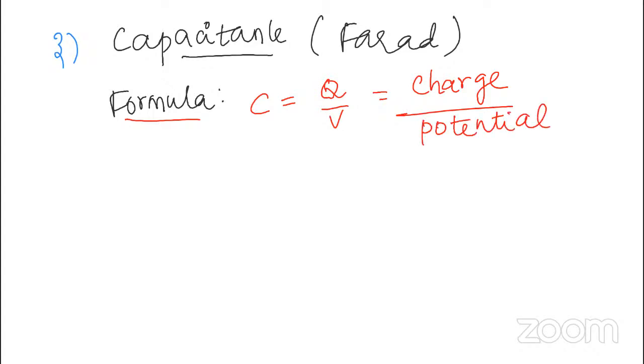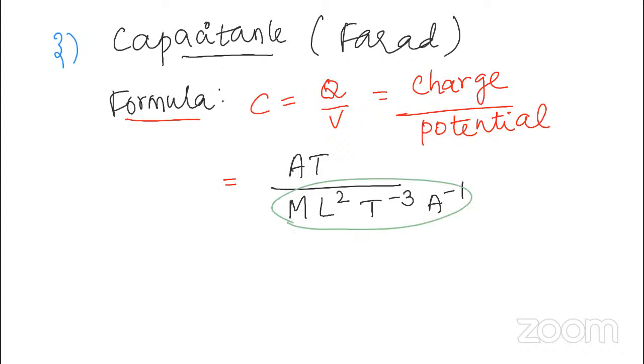So now write the dimensional formula. That is A into T divided by M L square T power minus 3 into A power minus 1. This is the dimensional formula for potential, and AT is the dimensional formula for charge.